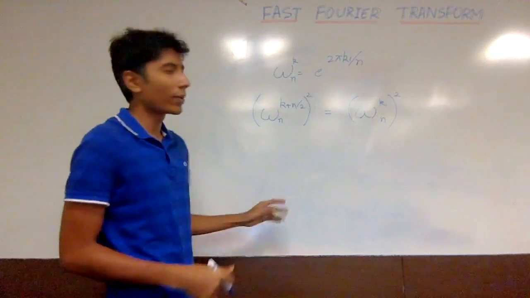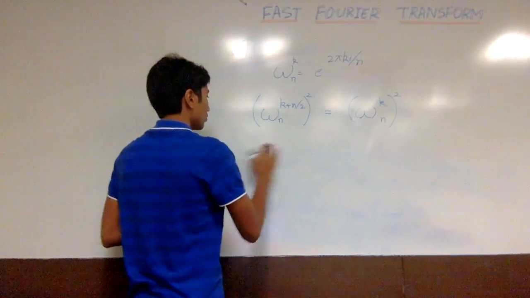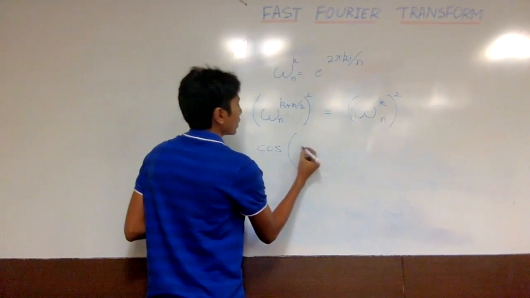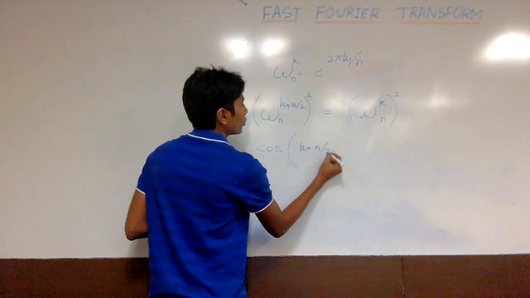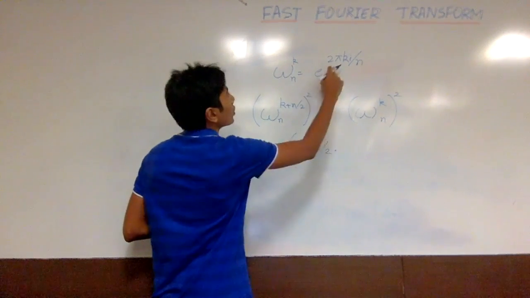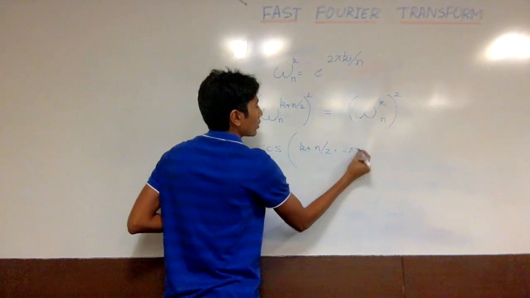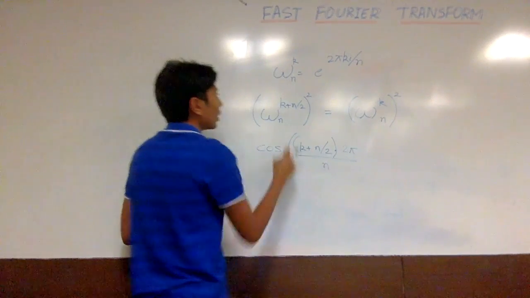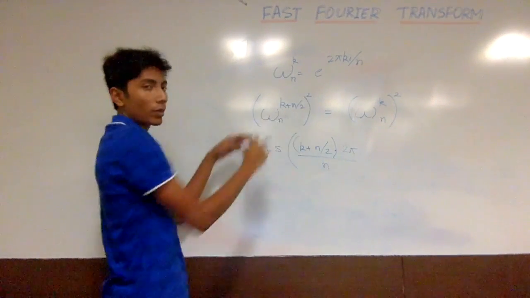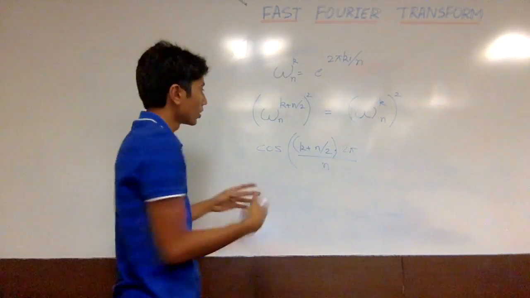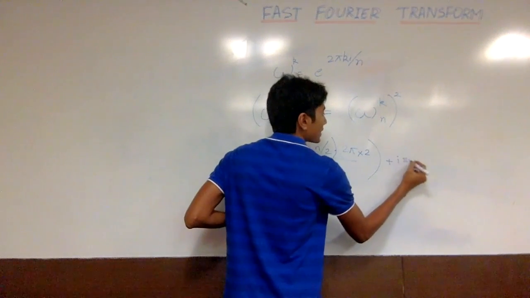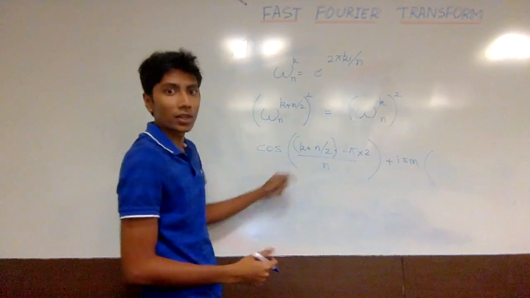Well, let's go from the LHS itself. So let's show this as cos of (k plus n by 2) into 2 pi by n. The whole square is actually just going to be multiplying the exponent by 2. So this entire thing can be multiplied by 2, plus i sine the exact same thing. So I'll just call it theta.